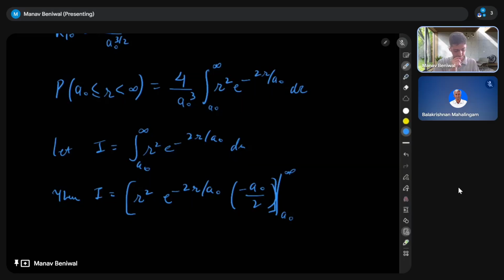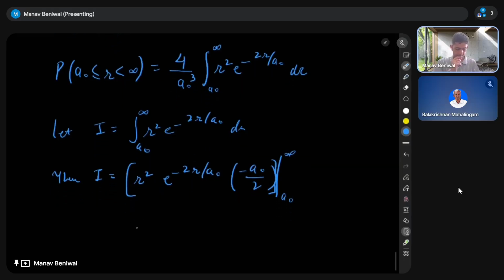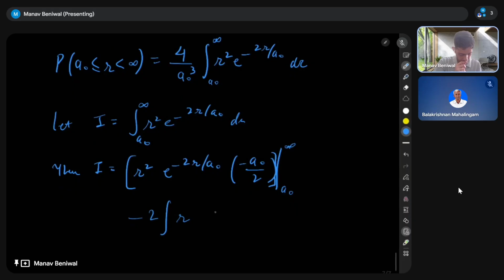And then for the second term we'll have 1 minus, and differentiation of r squared will give us 2r, so integral r, and then the same term e to the minus 2r by a naught, and here we will have minus a naught by 2, so 2 and 2 will cancel and this will become plus, and instead of 2 we can just write a naught here.